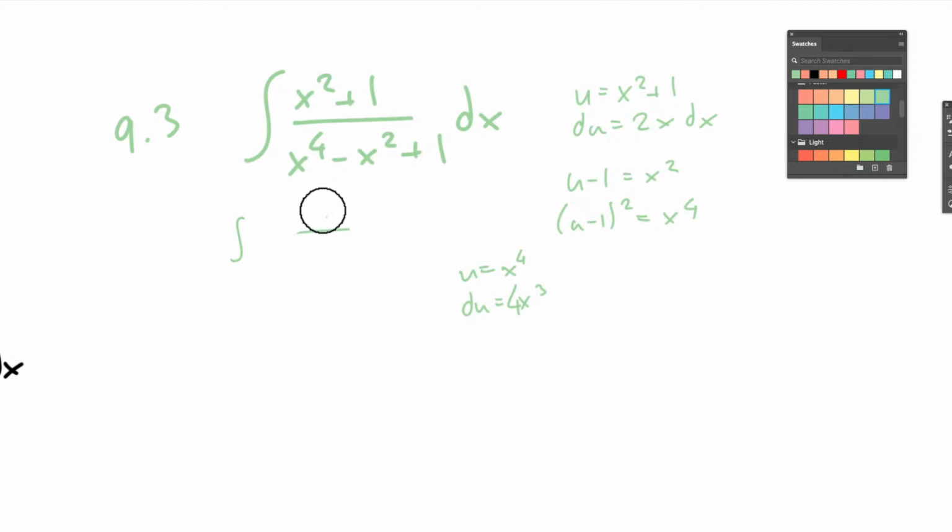See, if I take out my x to the 4th out of this, I get over... the problem is there are no x cubes in here.